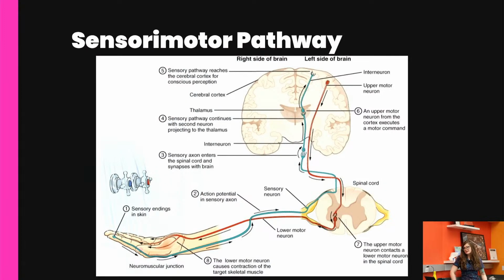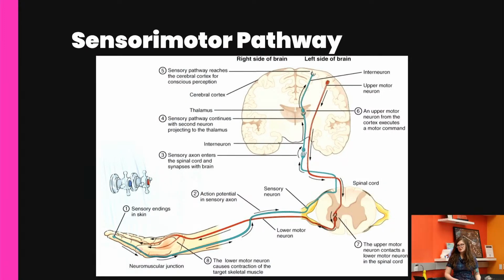An important pathway to keep in mind is the sensory motor pathway, and this is also a pretty applicable one usually. We have sensory receptors, which transmit a signal or impulse to the brain. You might have the experience of feeling cold water, for example, and so you have the sensory endings in the skin.